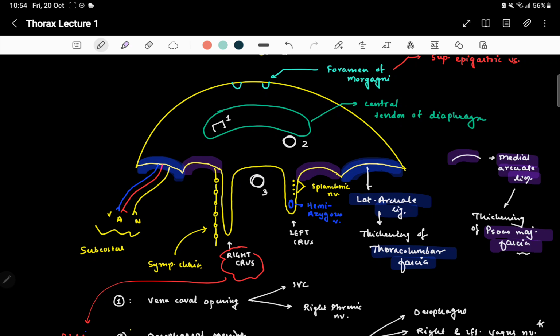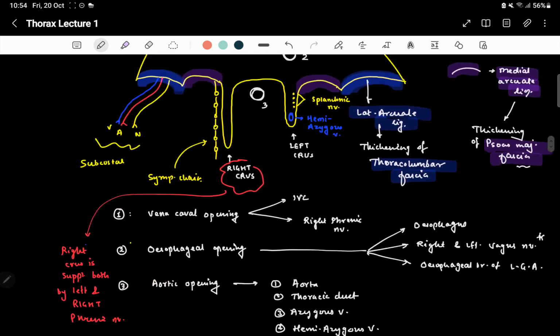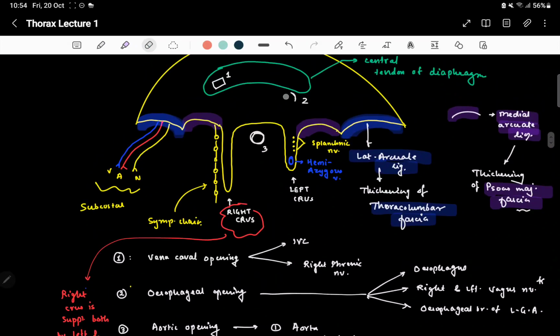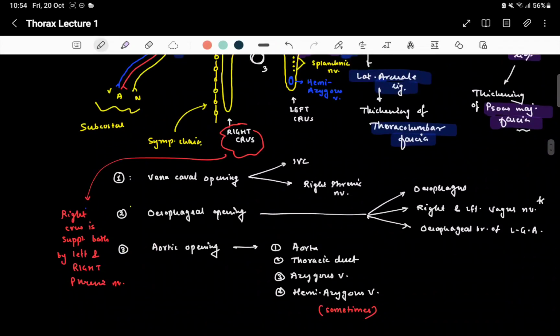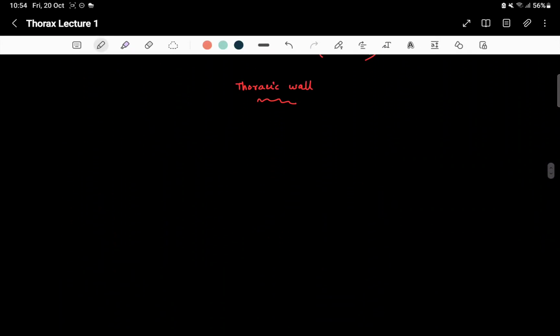And your esophageal opening, that is elliptical in shape, and your aortic opening is circular. Okay, this is a small point here. You should draw it in that way.